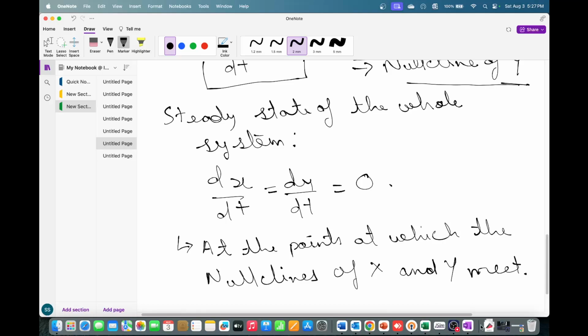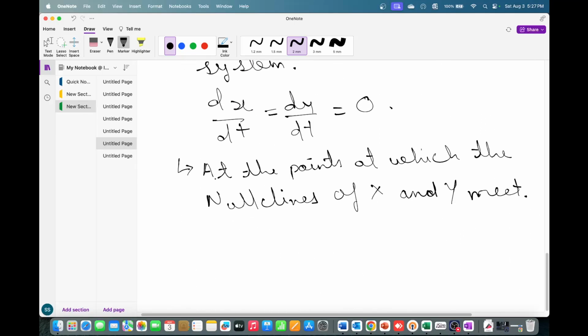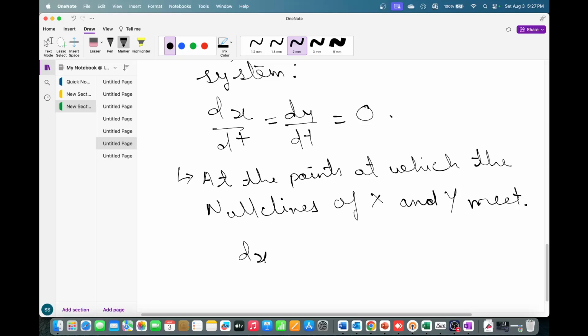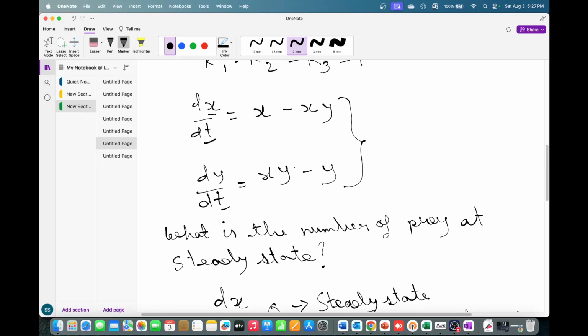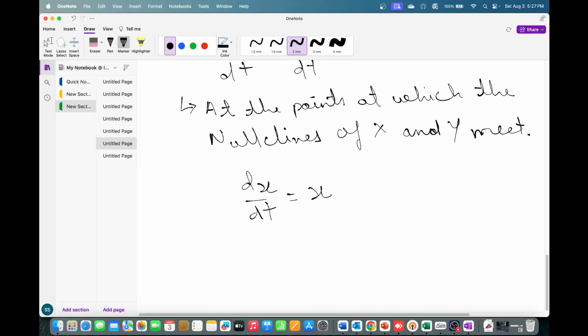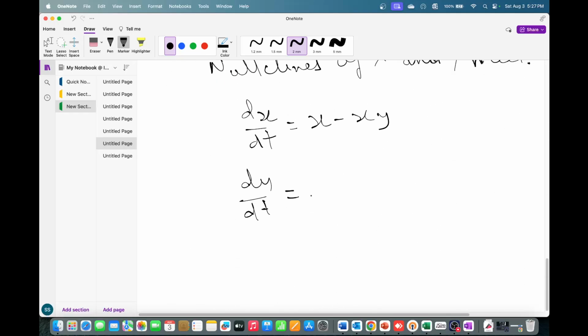So say for example, let's try to solve this. Okay, so dx/dt, I'm writing this equation again, is x minus xy, and dy/dt is xy minus y, right?